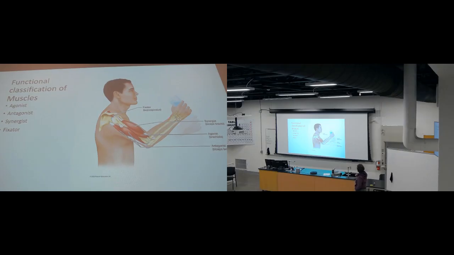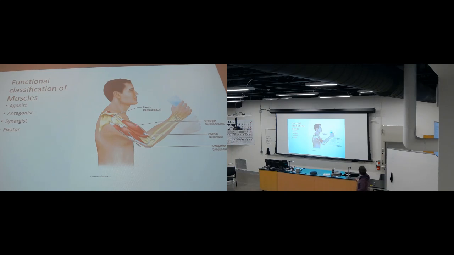When someone wants to have a drink, they will use the biceps to flex the elbow, and the brachialis, because the brachialis is going to help you not only do this movement but also have some supination and pronation within this arm to bring the cup to your mouth.